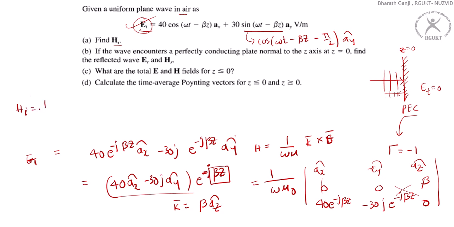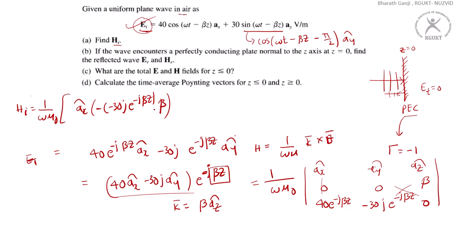H is nothing but 1 by omega mu naught, and you have your x component ax cap times minus of minus 30j e power minus j beta z into beta.